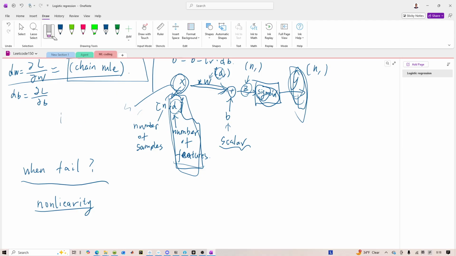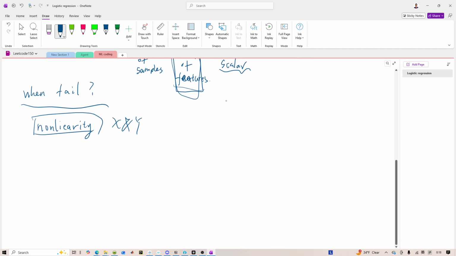You cannot directly use this algorithm if there's large nonlinearity between x and y. And then something called collinearity, it also does not apply.